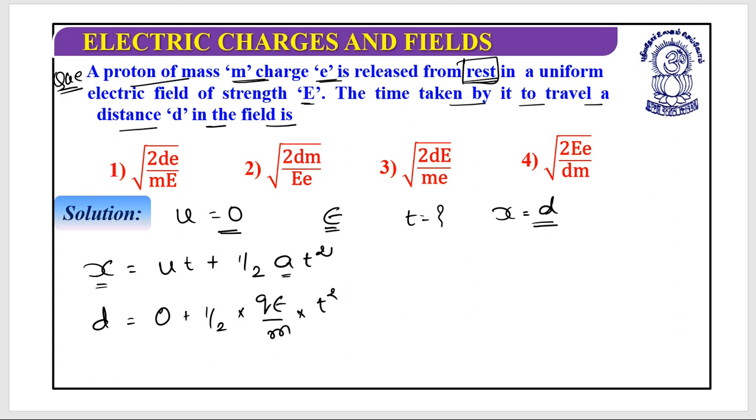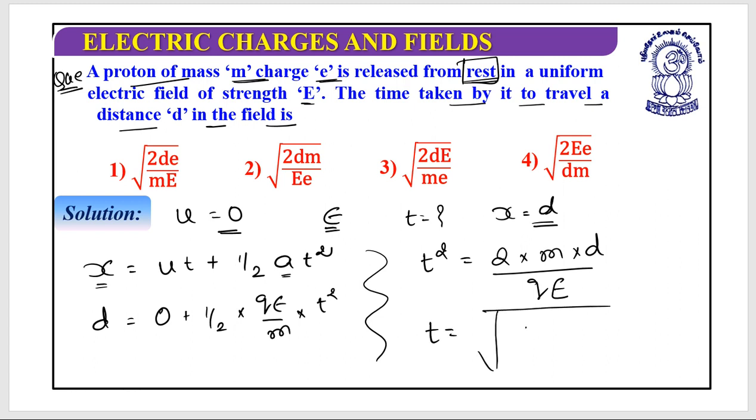So t square should be equal to 2 multiplied by m multiplied by d divided by q into E. Did I make it correct? Yes. So the time would be the square root of 2md divided by qE. Yes, this would be the correct answer.